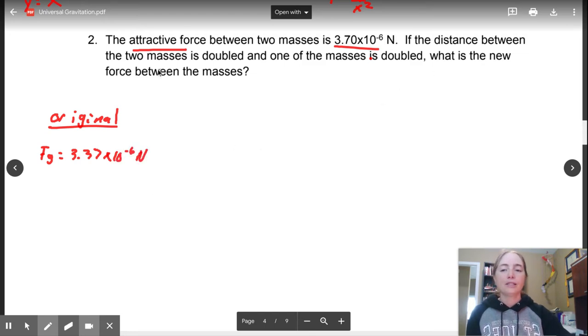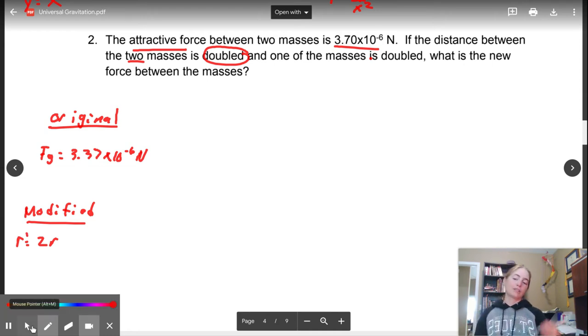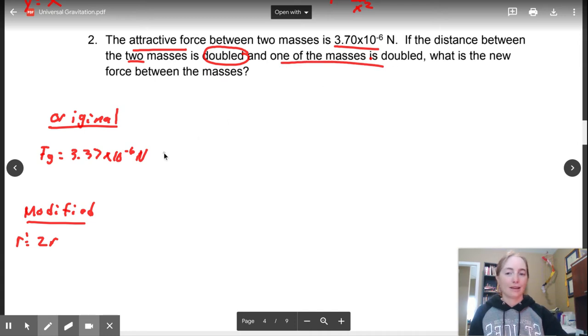If the distance between the two masses is doubled, okay, ladies and gentlemen, we're modifying this. So the distance is doubled. So that's going to be your radius. So our radius prime is going to be double what our original radius was, and one of the masses is doubled. Make it m2, why not? So m2 prime is going to be 2m2. What is the new force between the masses?